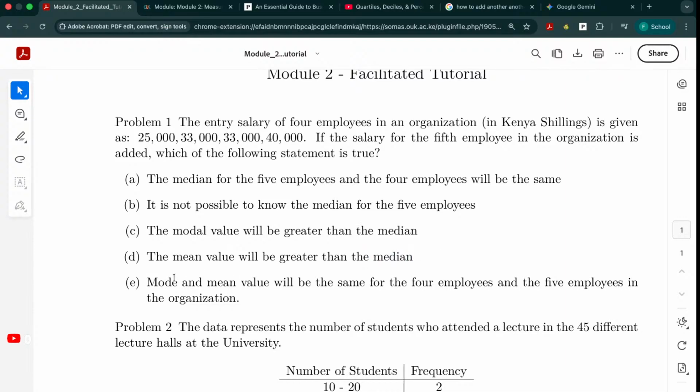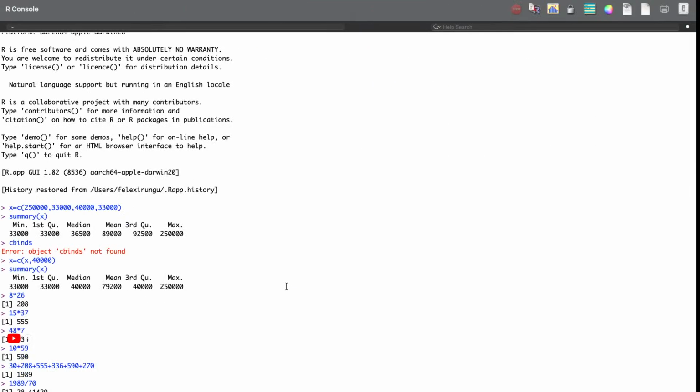Then we are told mode and mean will be the same for 4 employees. So have I calculated that? Let's calculate the mean for these 4 employees. You can use R programming if you have it. I inputted x is equal to c, which represents a collection.